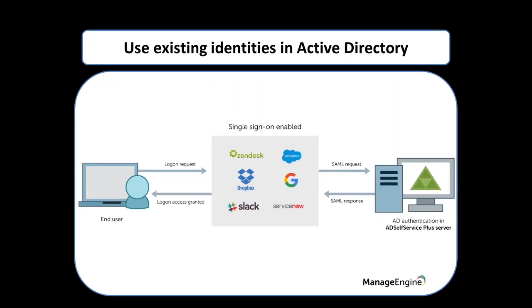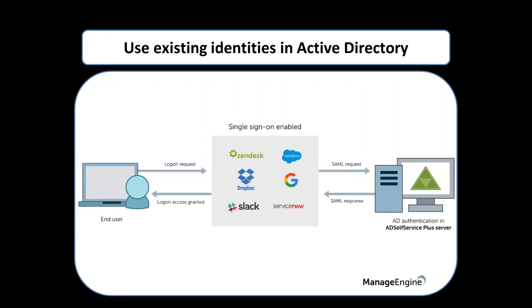The second being, users can make use of their existing Active Directory identity as an authentication source to access all these applications. So what do I mean by making use of Active Directory credentials as an authentication source? Initially we saw how the Active Directory password acts as the first factor of authentication to log in and access the application.